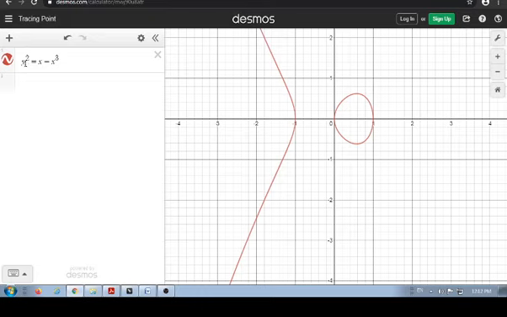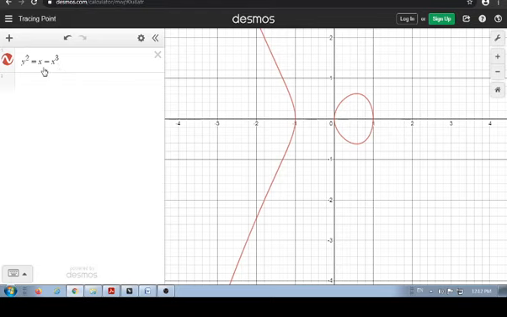So if you type your equation here, y square is equal to x minus x cube, this is going to be the curve. When x is greater than 1, x minus x cube is negative, y square is negative, that is not possible.